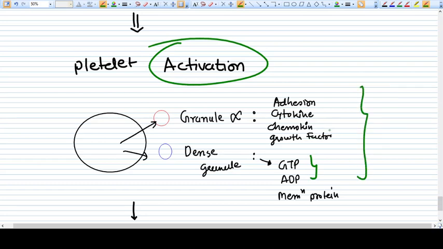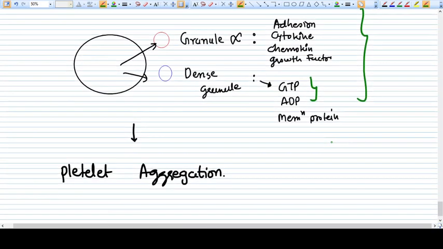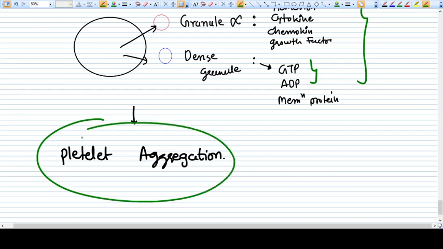So this degranulation will in turn activate the platelet more and more and cause platelet aggregation. So the platelets will come there and clog the fibrin strands and make a clot.